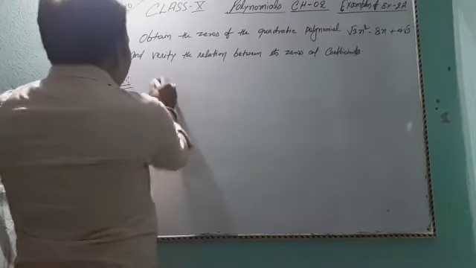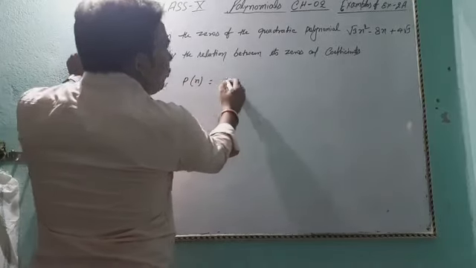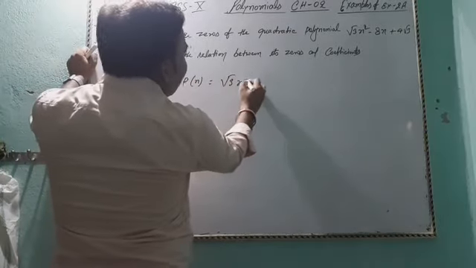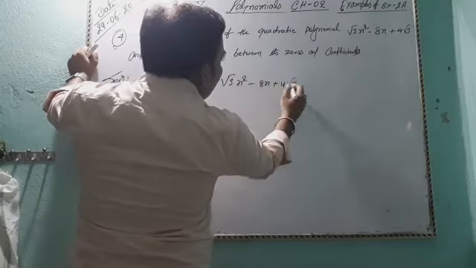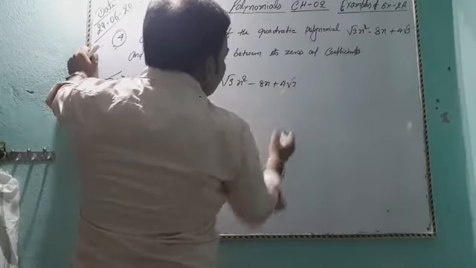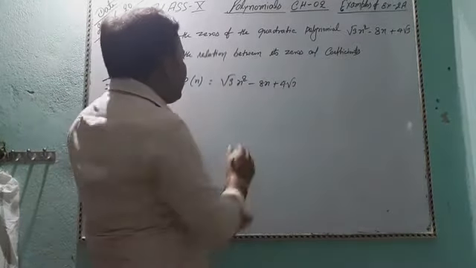First of all, let p(x) equal √3x² minus 8x plus 4√3. We factorize p(x). First of all, we factorize p(x).